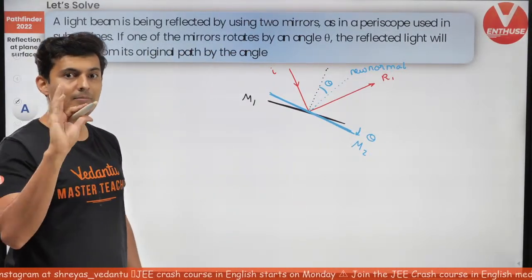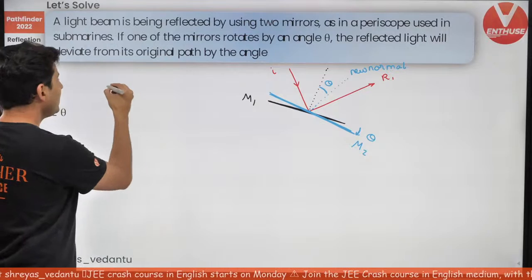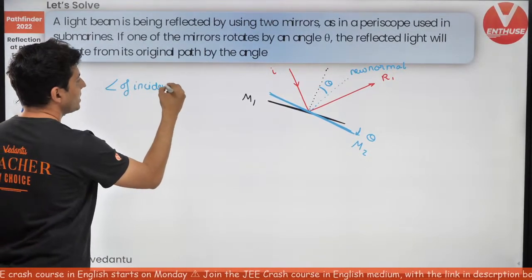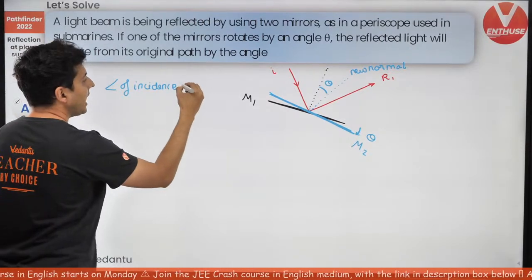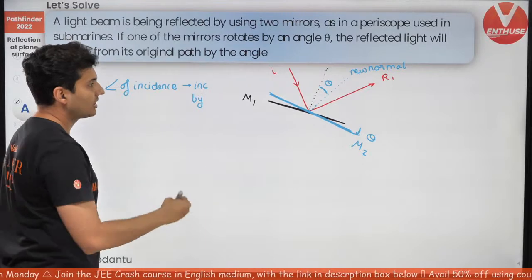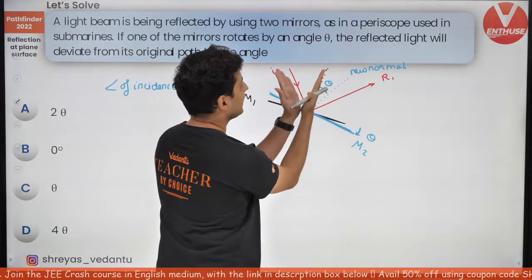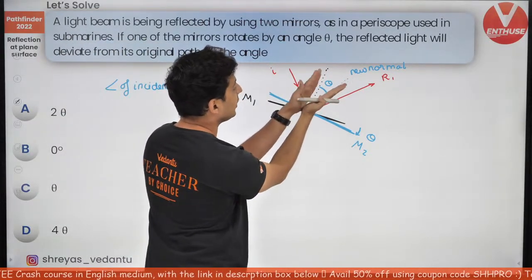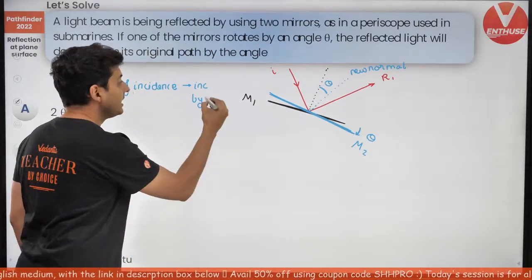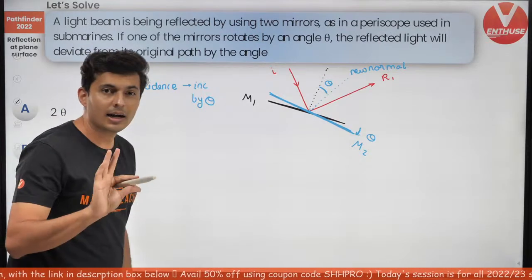Now, here is the basic understanding. The angle of incidence has increased by how much? Look at that. If this was the angle of incidence, can you see from the new normal, the angle has increased by how much, my warriors? It has increased by theta. Agreed?